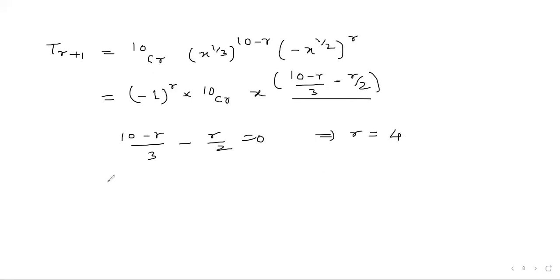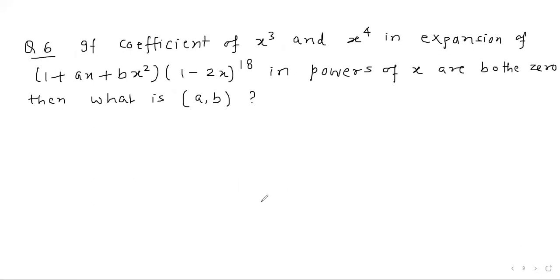It means the fifth term, T 4 plus 1, will be independent of x, and we can evaluate T fifth. So T fifth will be, we put r equal to 4 here, 10 C 4, and then only coefficients. So here minus 1 power 4. So it will give 210. So that is our answer.